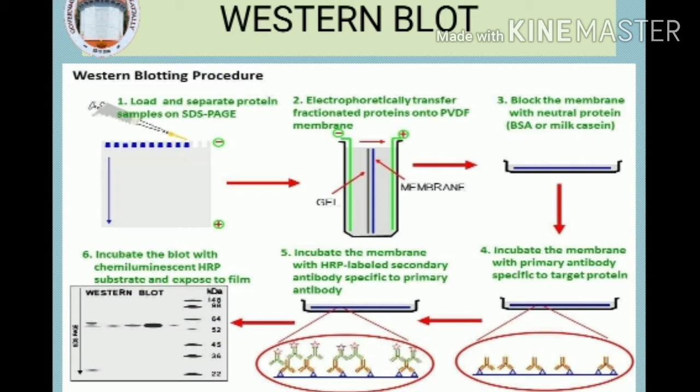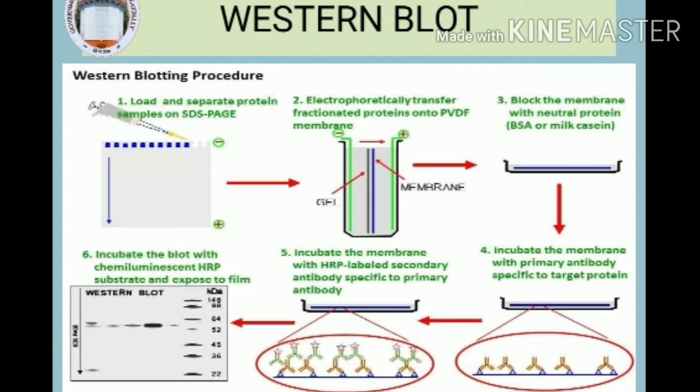If the individual is suffering from infection, the sample contains antibody formed against the bacterial pathogen. This antibody binds to the antigens on the paper.